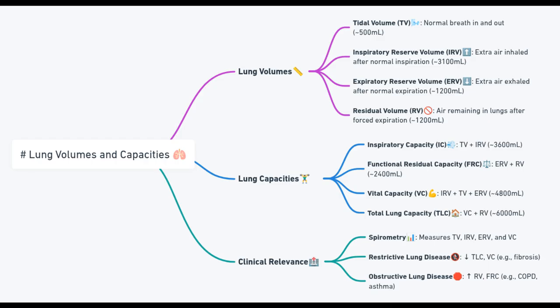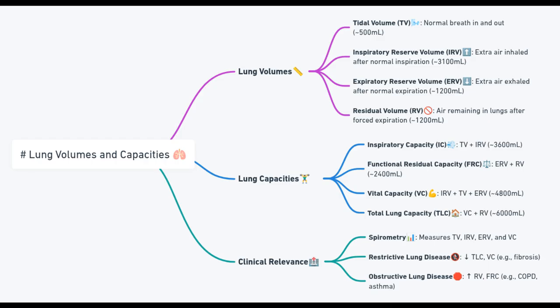With lung volume measurements, for example, the total lung capacity or the FRC, measurement using the body box, plethysmography can be used. Gas dilution methods like helium dilution or nitrogen washout may also be used in case of mixed conditions, whether obstructive or restrictive.